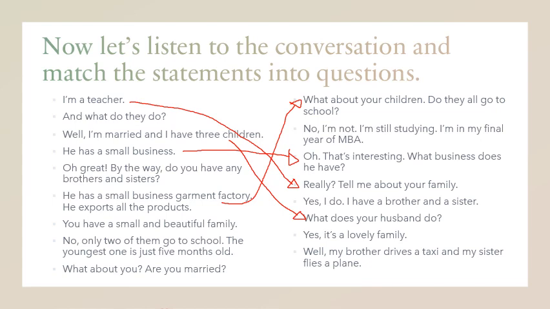Okay, the woman said, no, only two of them go to school. The youngest one is just 5 months old, right? Okay, so let's continue listening.